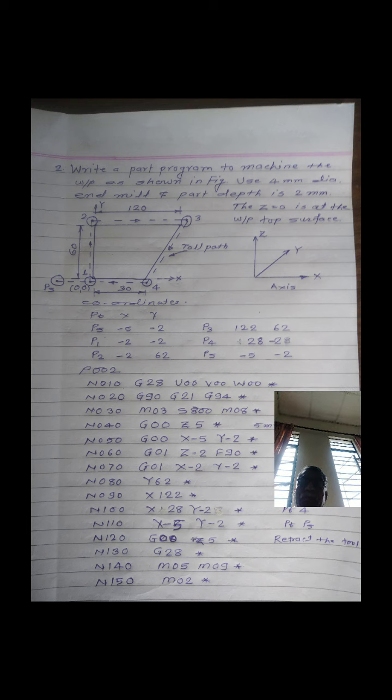Okay, then you have to move the tool along the Y-axis from point 1 to point 2 by mentioning the coordinates of the point 2. What are the coordinates of the point 2? X minus 2 and Y coordinate is 62 as shown in the coordinate table. As the tool is moving along the Y-axis, X-axis remains the same.